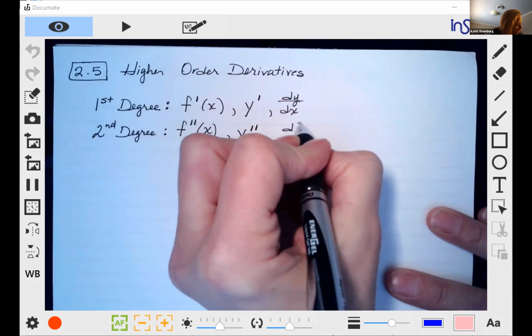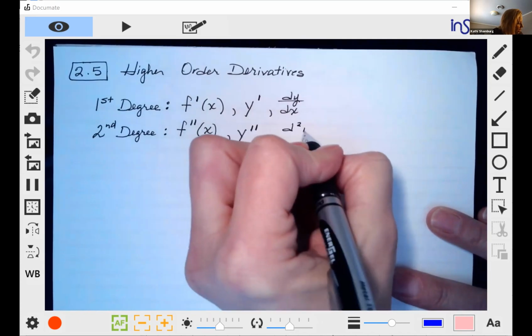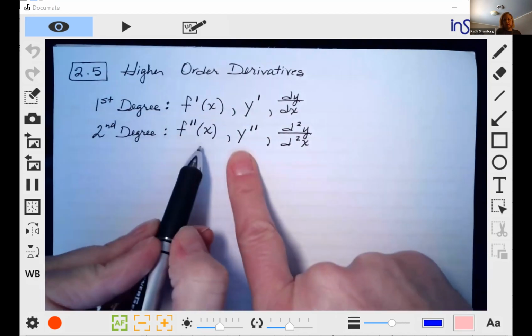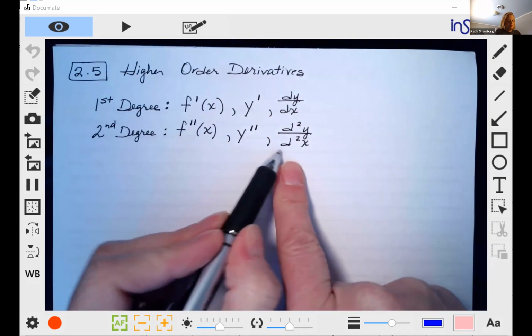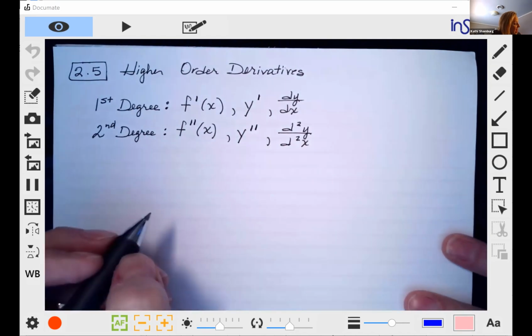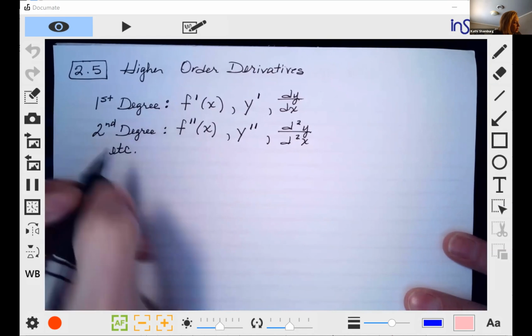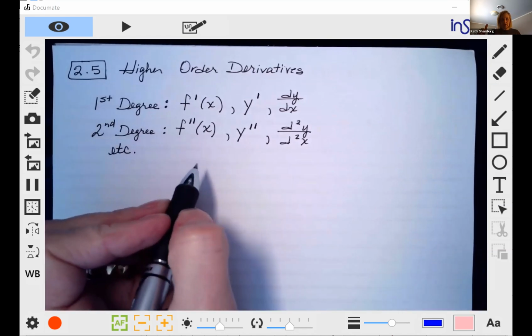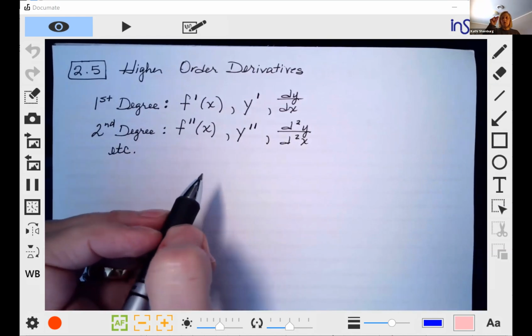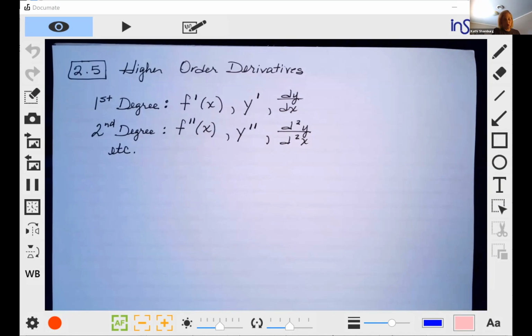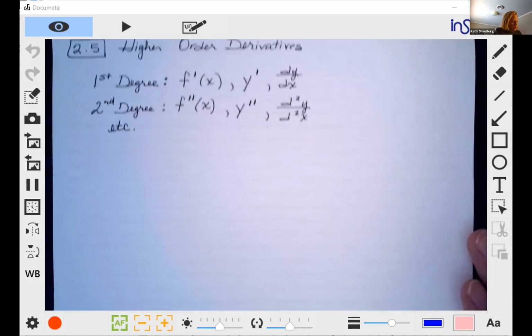Here it would be d squared y, d squared x. Now, of course, we typically use these, but this is correct as well. Now, you could just keep going. So then you could take the derivative of the second, so third degree, you could have three prime symbols, or once it starts getting to higher degrees, you can actually use numbers instead of the prime symbols.